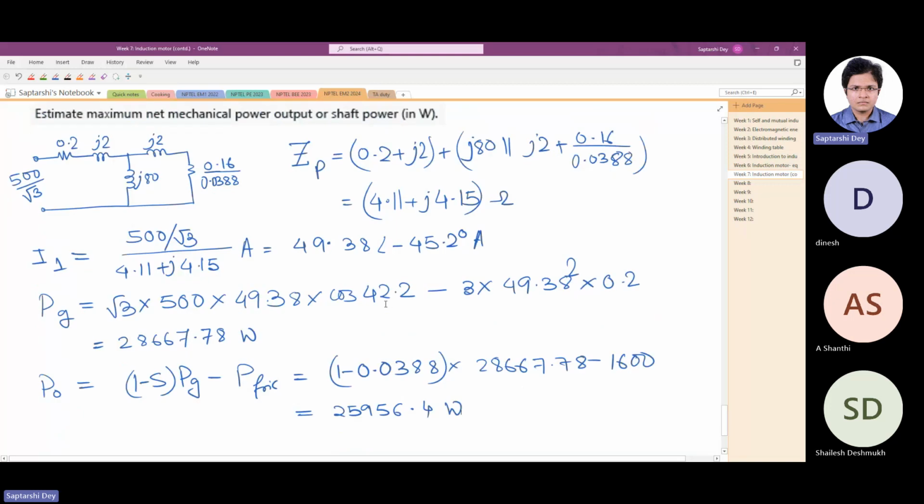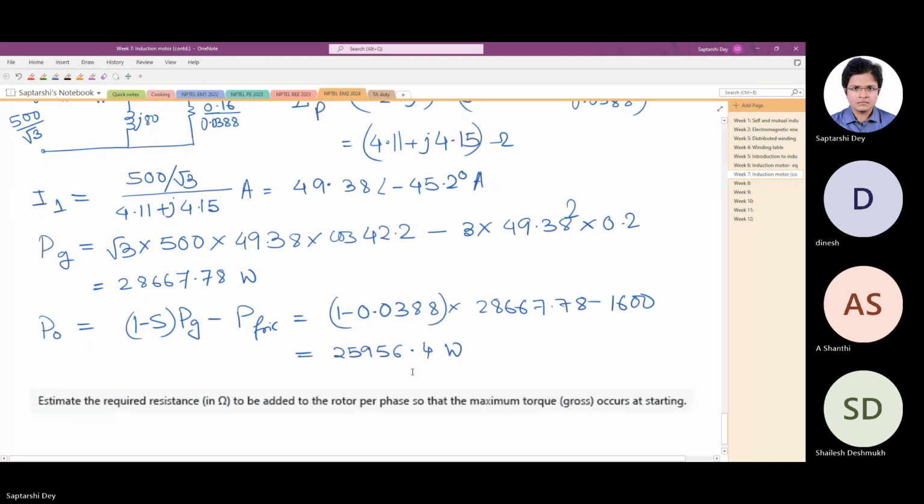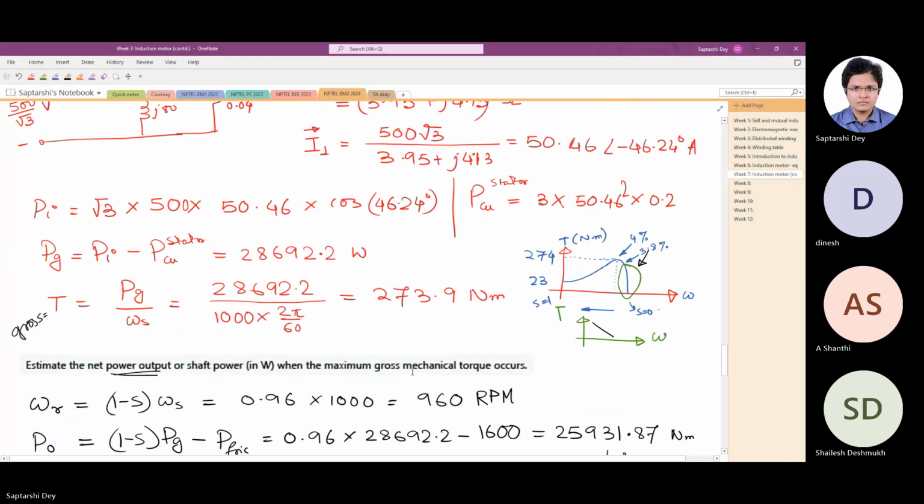The maximum possible power and maximum possible torque occur at two different speeds. One does not imply the other.